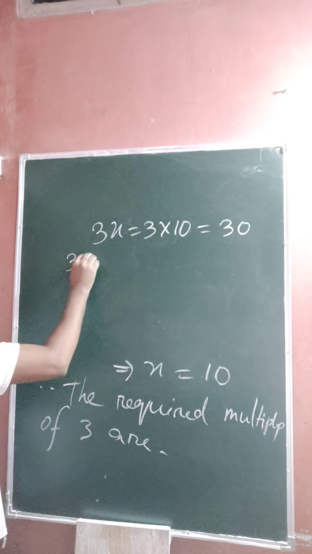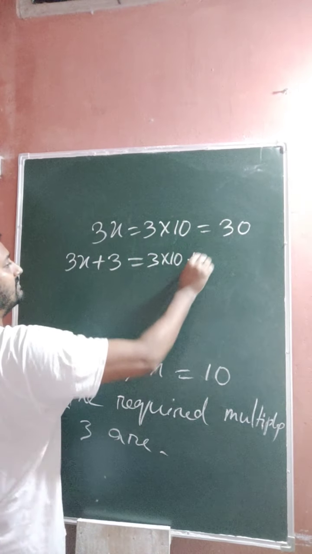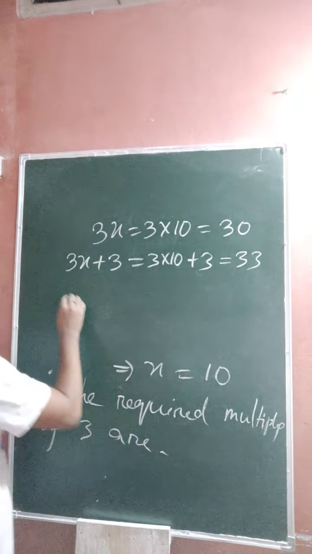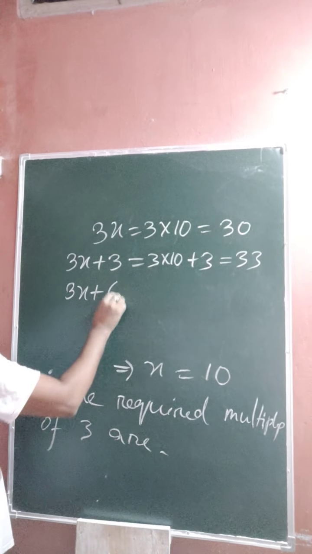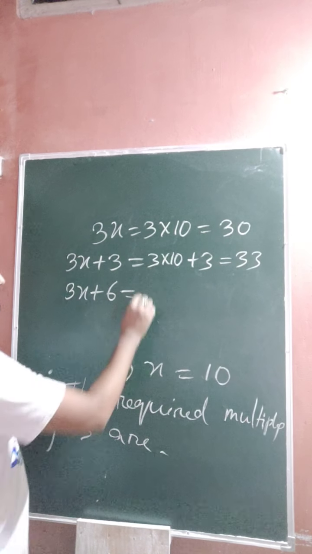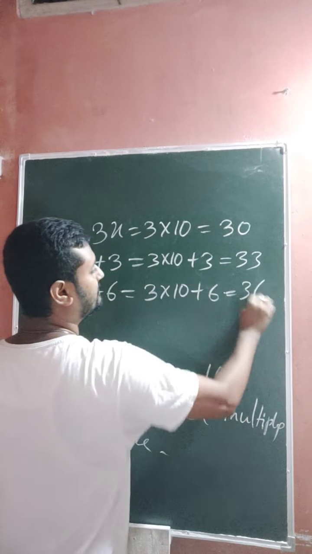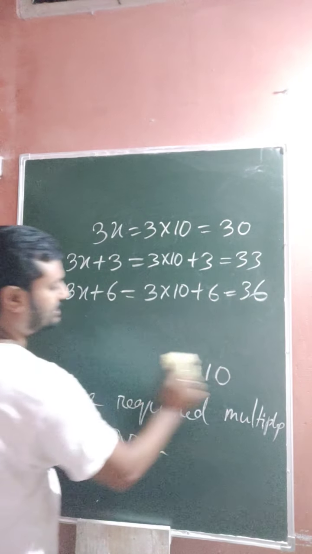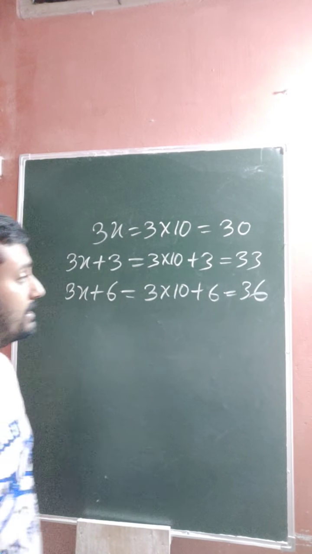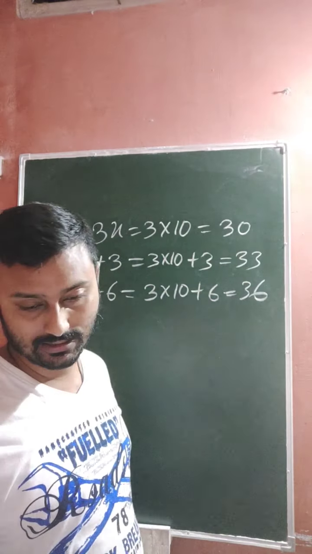Second is 3x plus 3, that means 3 into 10 plus 3, so 30 plus 3, 33. Next one is 3x plus 6. We have taken it like this, that is why we have to write like this. So 3 into 10 plus 6 becomes 36. So the consecutive multiples of 3 are 30, 33, 36, and if we add them, then you will get 99.